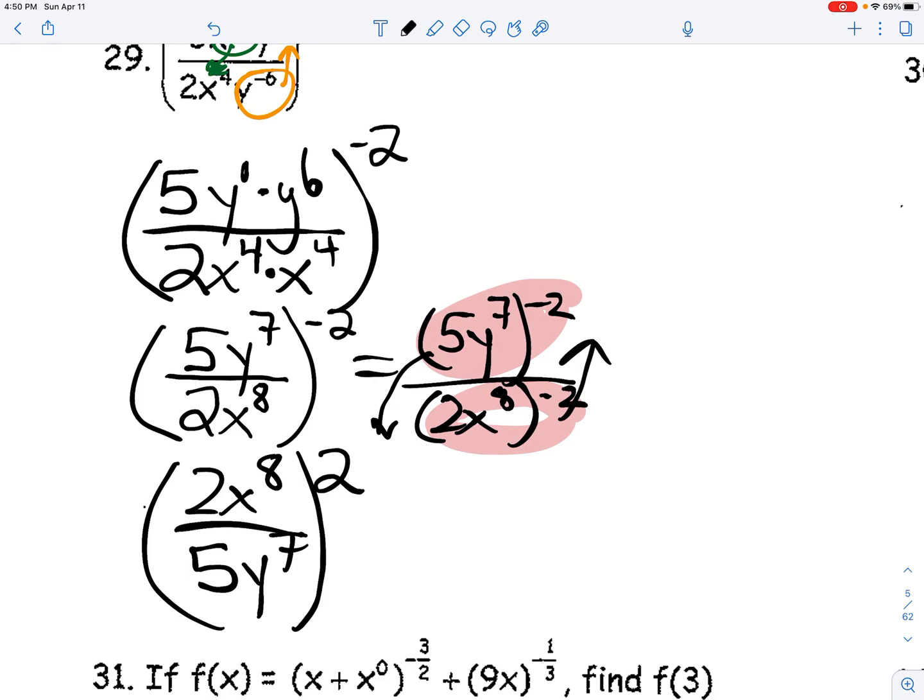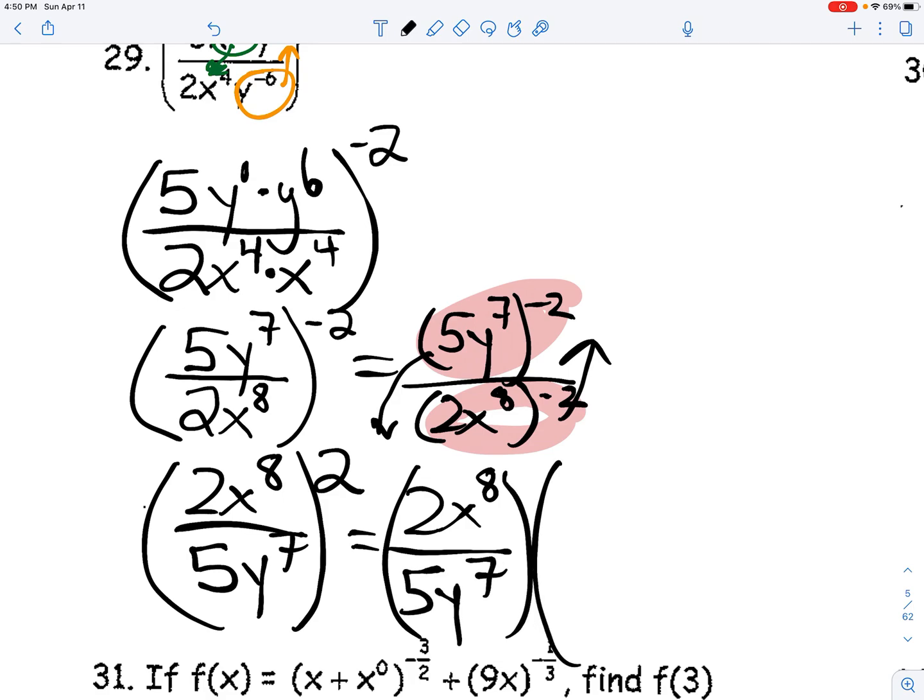And then you switch it. You want to make that a +2. That's going to go downstairs, and that's going to go upstairs, and that's going to change the -2 to a +2. So that's why you can flip it.